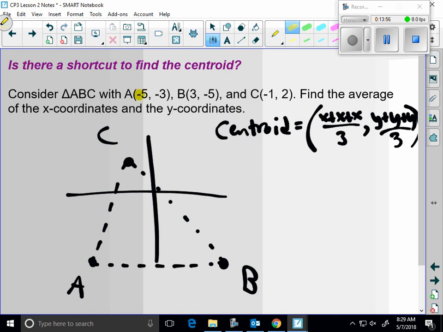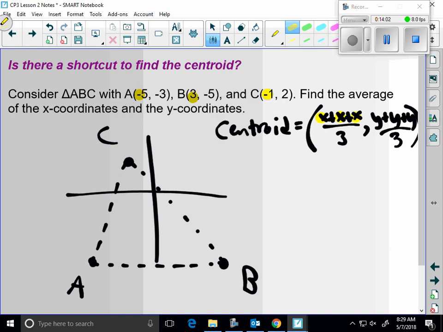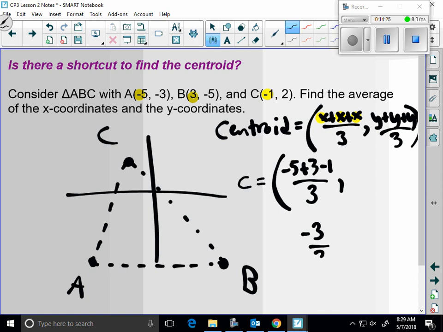It looks like -5, 3, and -1. Let's add those up. So this centroid will be -5 plus 3 minus 1 over 3. What do we get there? Let's add them up first. -5, 3, and -1. I get -3. What do you get?